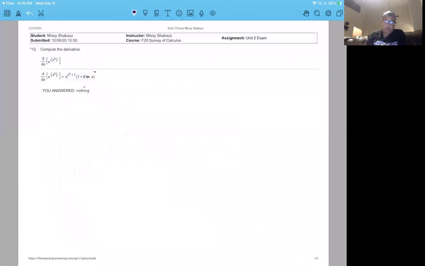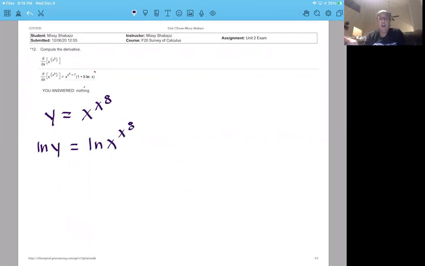So what I'm going to do is let y equal x to the 8th. All right, I have a variable raised to a variable. So I'm going to take the natural log of both sides. So natural log of x to the 8th.